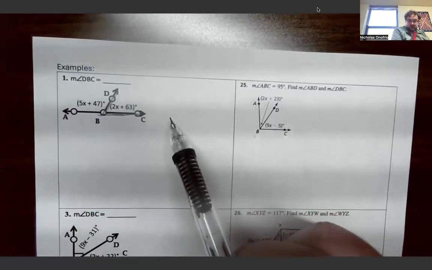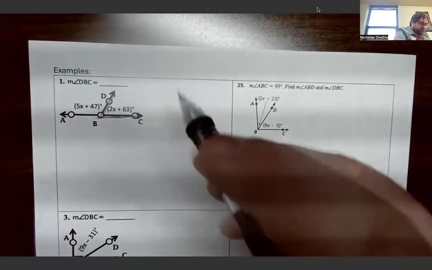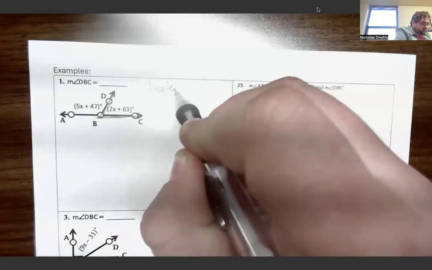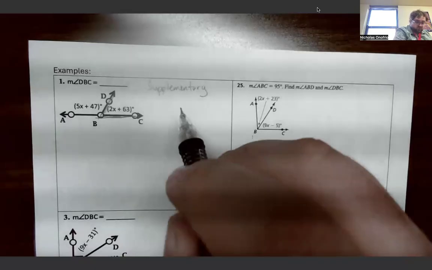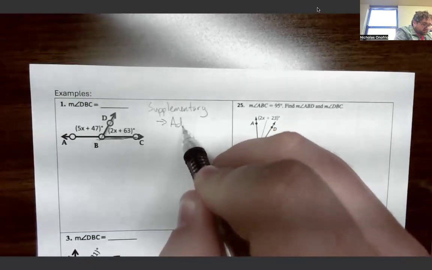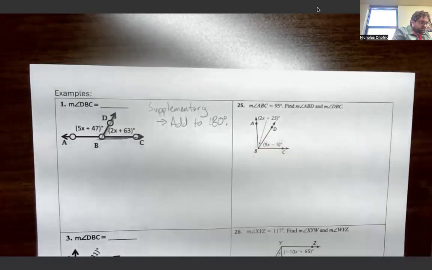Because they're a straight line, we know straight lines are 180 degrees. So we can say my angles are supplementary. And since they're supplementary, we can make a note that they add to 180 degrees.